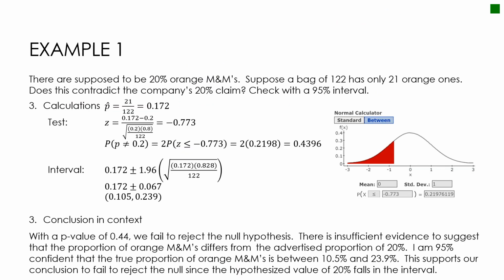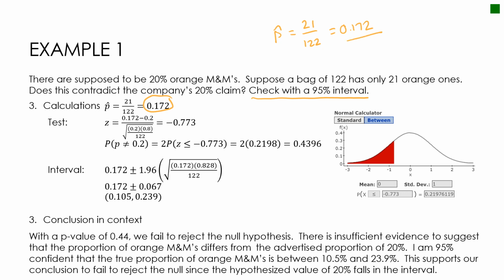Now I'm going to look at the calculations, and here I'm actually doing 2 calculations. I'm performing the test, and then I'm checking it with an interval. And again, all of this is going to be done by hand. The first thing I want to do is find p hat, which we already said was 21 out of 122, and I've calculated that to be 0.172. Now I have to do the test, and remember the test is just my z-score: observed minus expected over standard deviation.